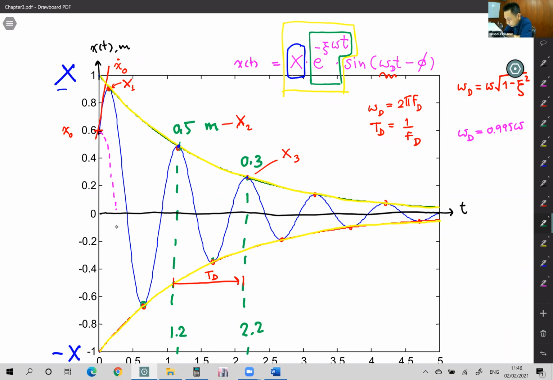So if I want to make my building stop faster, what should I do? I want the building to move like this and then stop. I don't want my building like this. It takes maybe a very long time before it can stop.